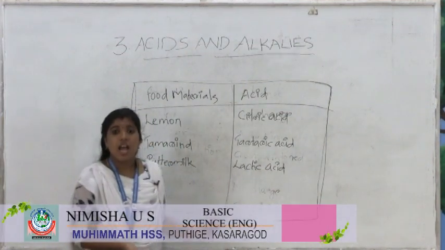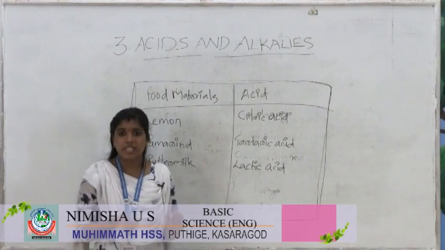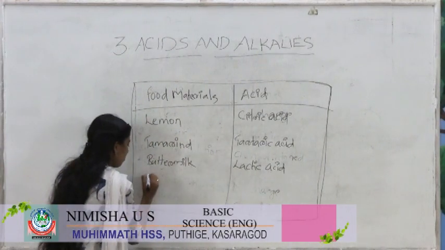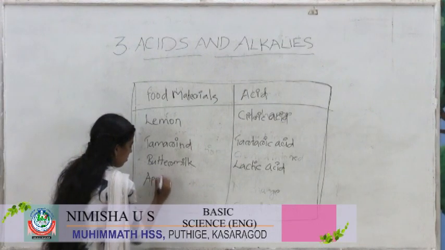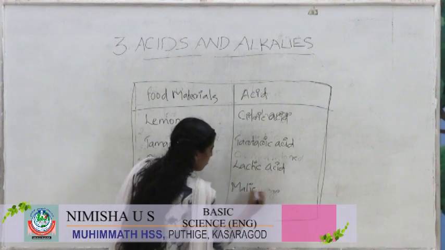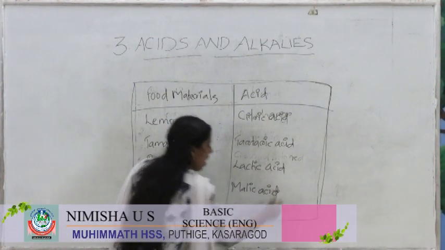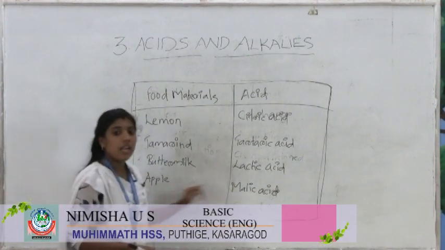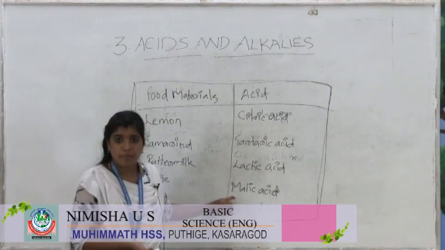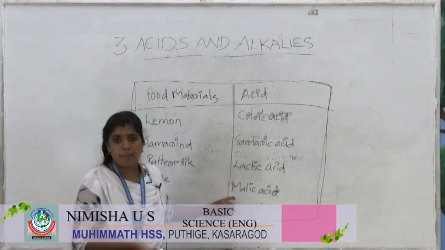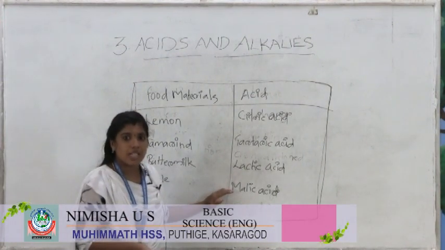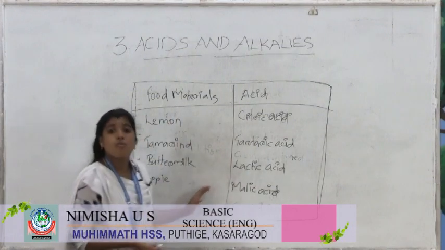Lactic acid is the acid present in the buttermilk. Then apple. Malic acid. In apple, an acid named malic acid is present. So, these are the acids present in these food materials.